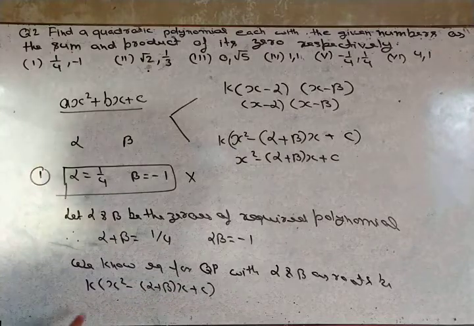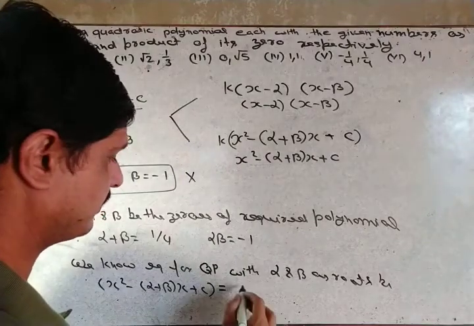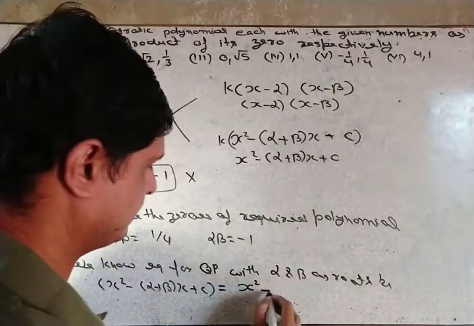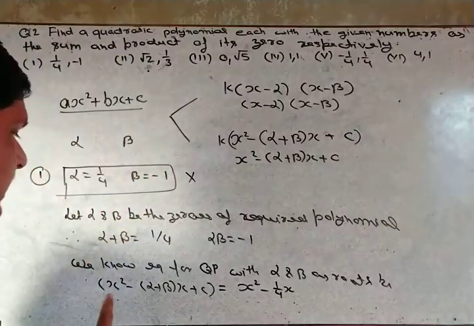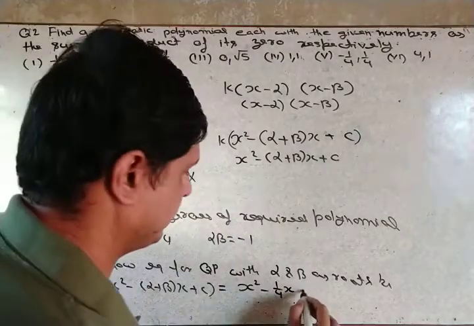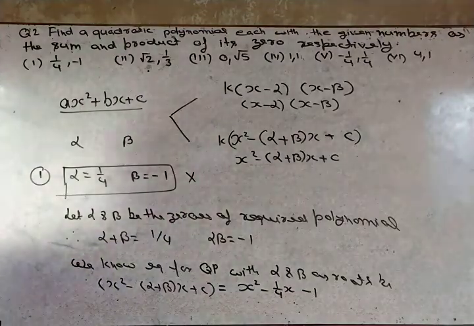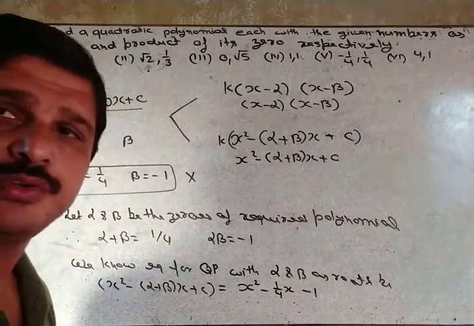Okay, let us remove k from here, then we see. Now put values: x square minus 1 by 4 x and minus 1. Now, my dear students, we can put the value of k.